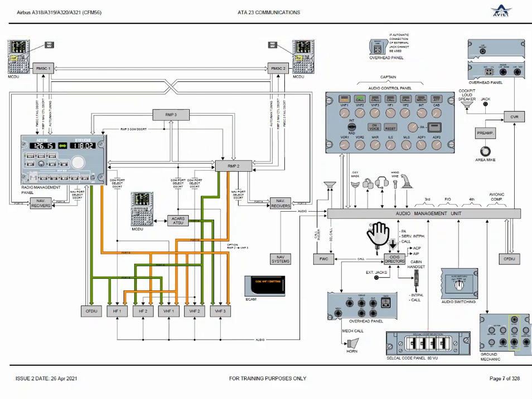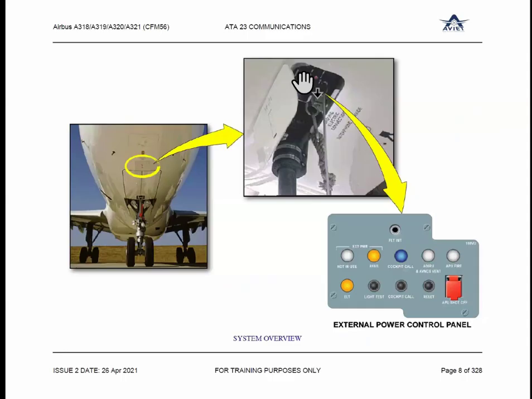Now, you all must have seen this in your aircraft. In front of the nose landing gear, there is an external power receptacle, and in it there is a function for flight interphone. So maintenance people or ground handlers talk to the cockpit directly from this flight interphone jack.